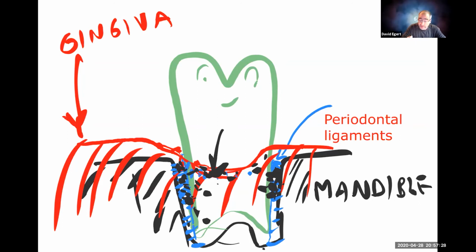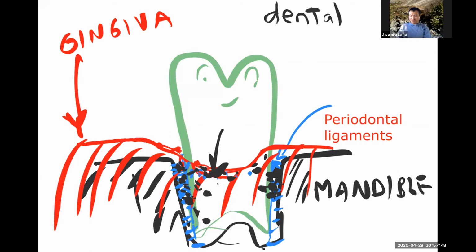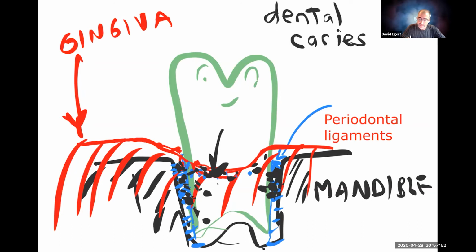Other things, dental, does anyone know the official word for cavities? They're called dental caries. Dental caries is the official word for cavities.